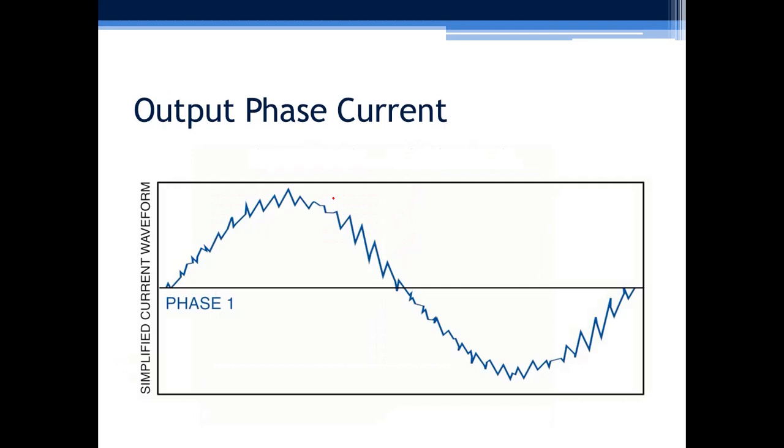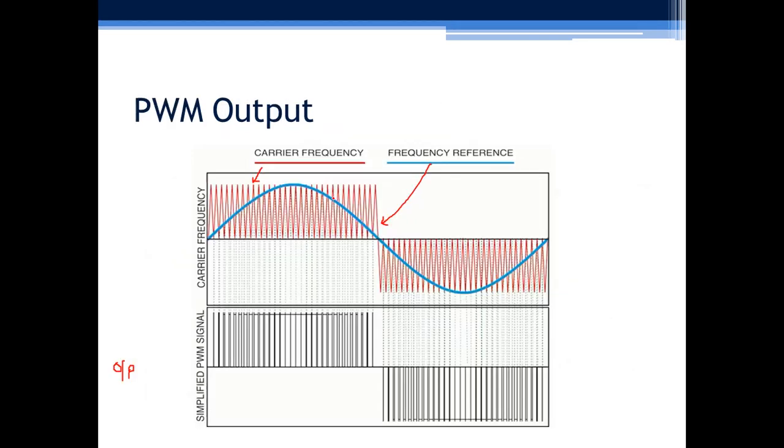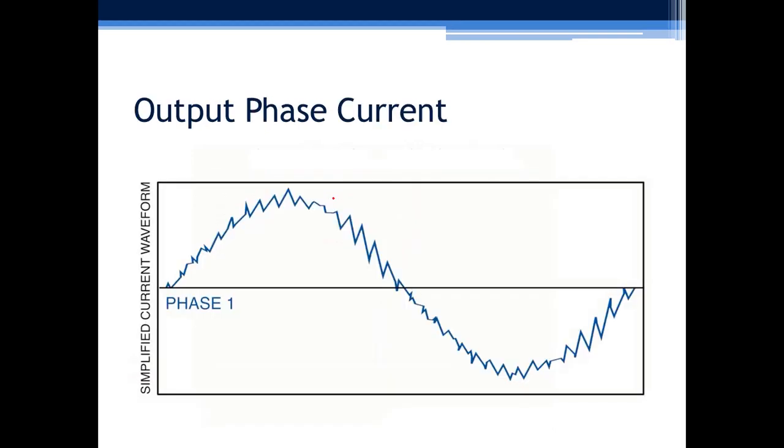Next, we saw that the output is not looking sinusoidal, the output looks square, but as we know, our load is an induction motor. The induction motor is not concerned with voltage, it is concerned with the output current. If we draw any phase current, you can see that it looks sinusoidal.